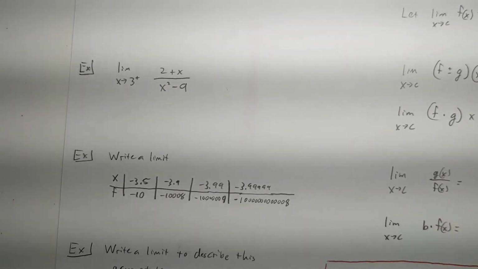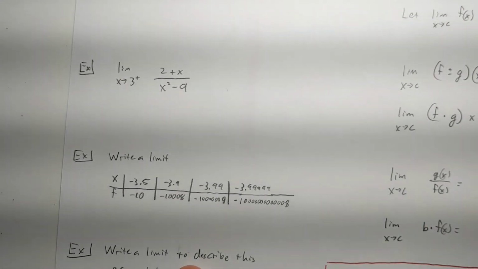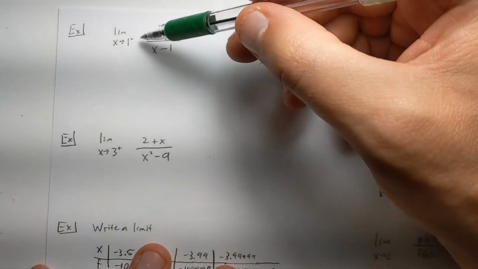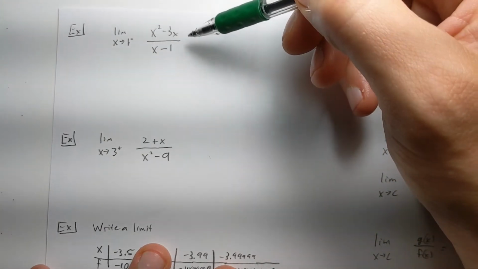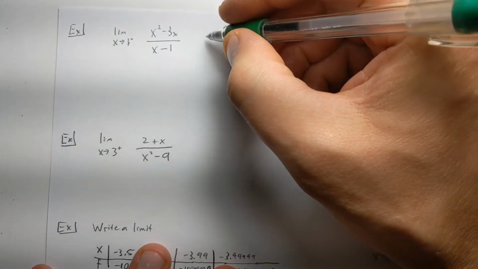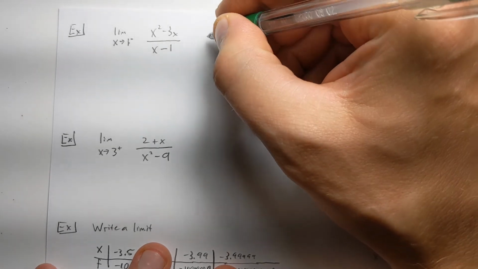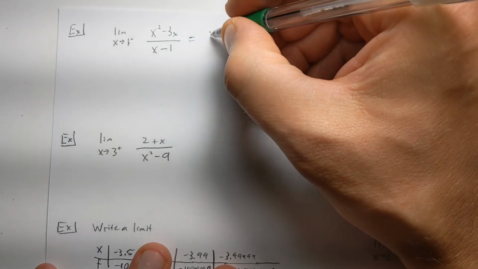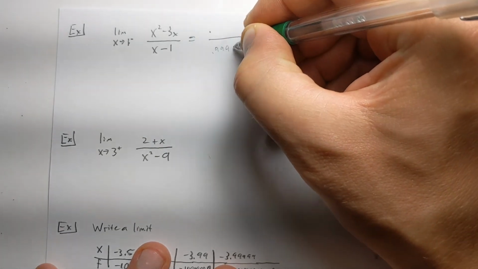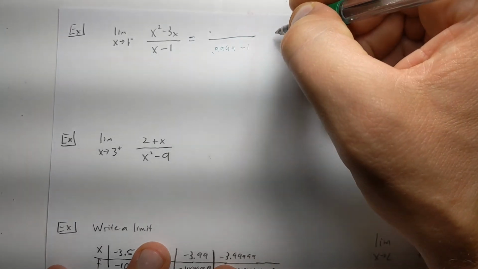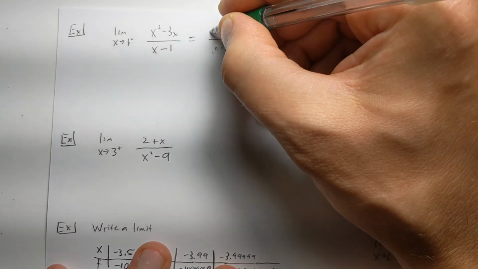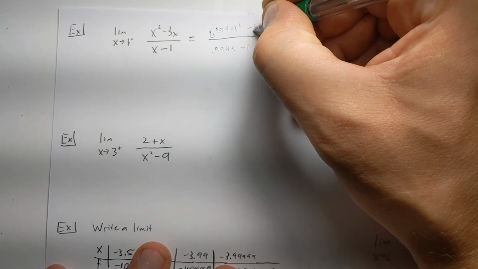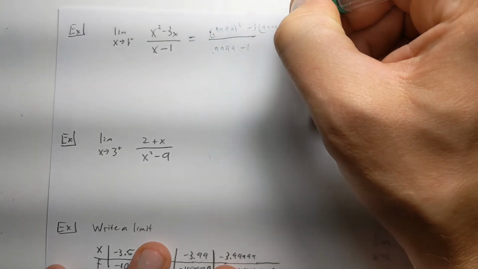All right, moving on to the next page. So what's the limit of this? As I start choosing numbers close to 1 coming from the negative side, it's going to be 0.99999, things like that. So 0.9999 minus 1 and 0.9999 quantity squared minus 3 times 0.9999.